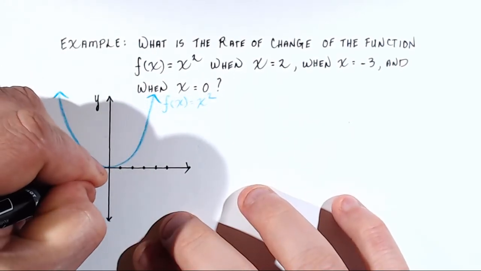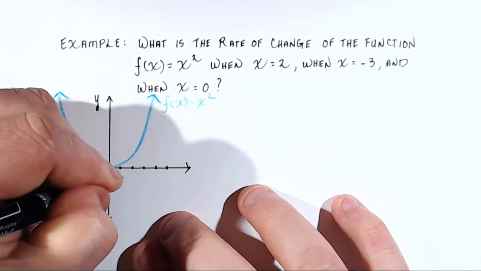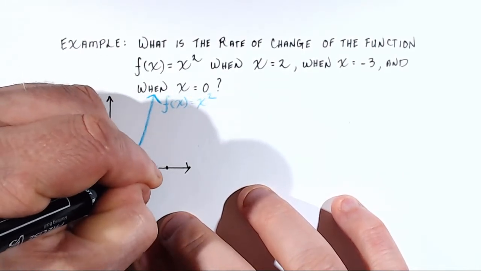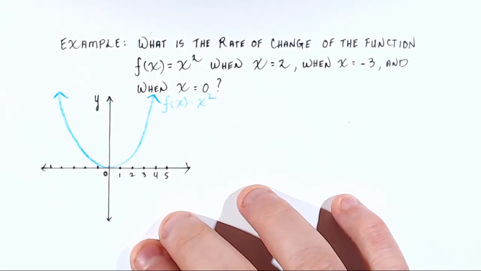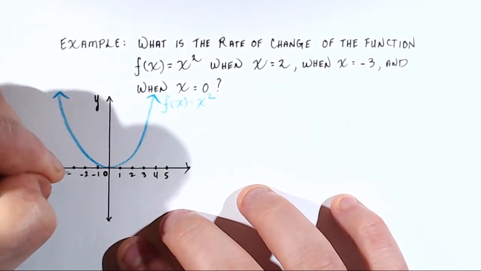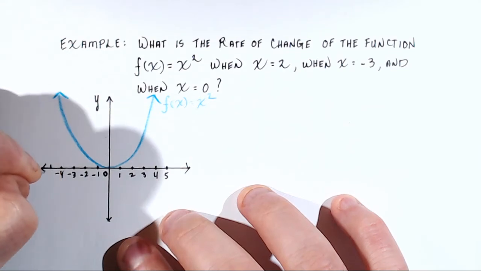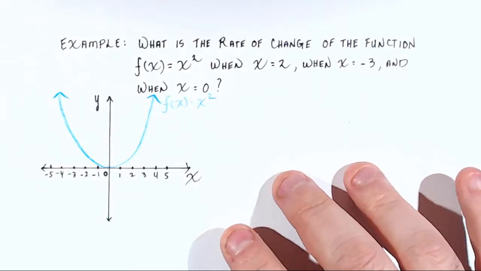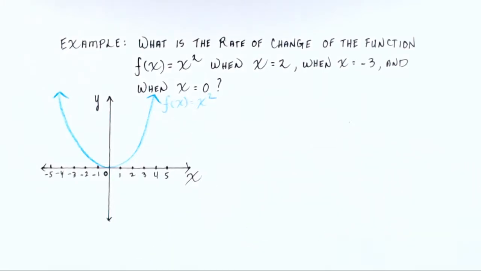So this is 0, and this is 1, 2, 3, 4, 5. And this is -1, -2, -3, -4, -5. This is the x-axis. So far, haven't done anything weird.